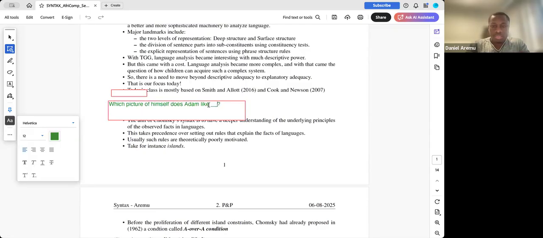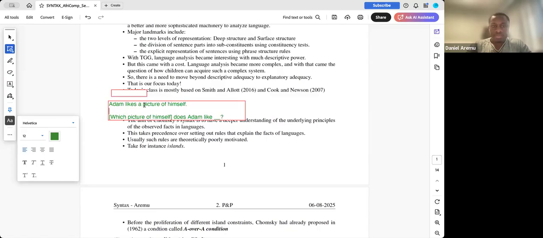Now, look at this sentence. Which picture of himself? The way it would be initially was Adam likes a picture of himself, right?